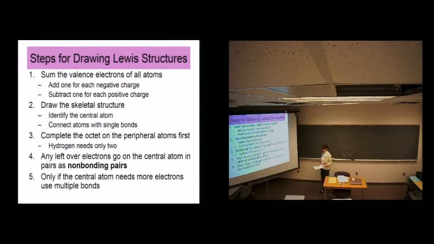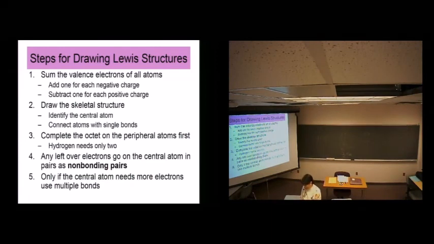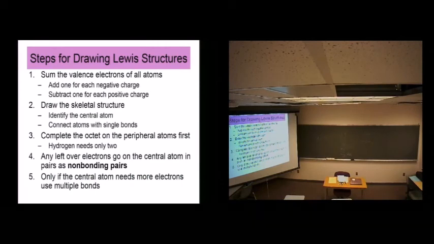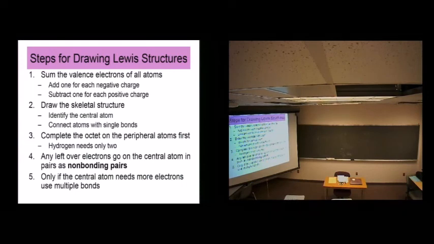So did you decide which one was the central atom? Which one is it? Carbon. And then you added up all the valence electrons? Carbon has 4. Hydrogen has 1. It's group 1A. Carbon has 4.